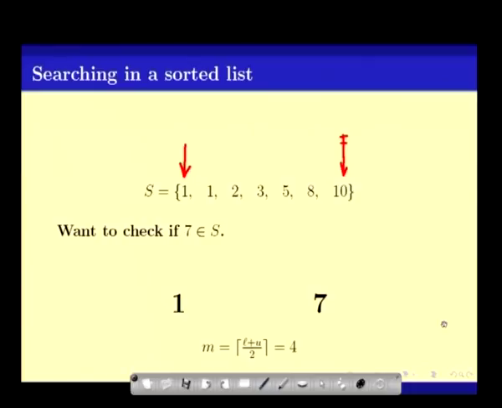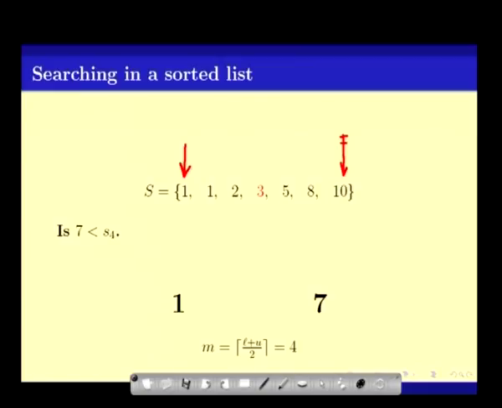L is 1, because it is not the value 1, but the index 1, and U is the index of the last element, which is 7 in this case. So, (L plus U) by 2 is 4. Thus, we will be measuring the fourth element, which is in our case this number 3 that has been marked in red. So, we ask if 7 is less than S4, and in this case the answer is no.